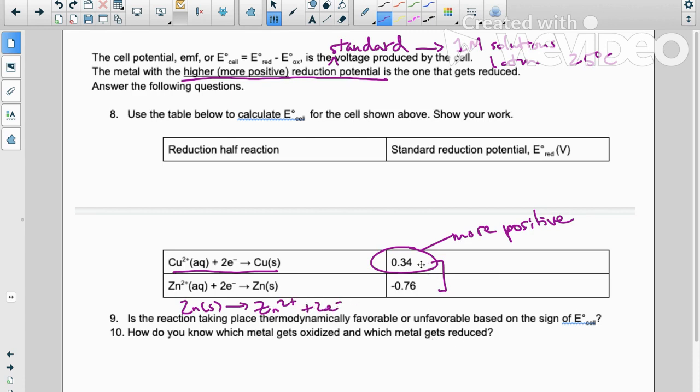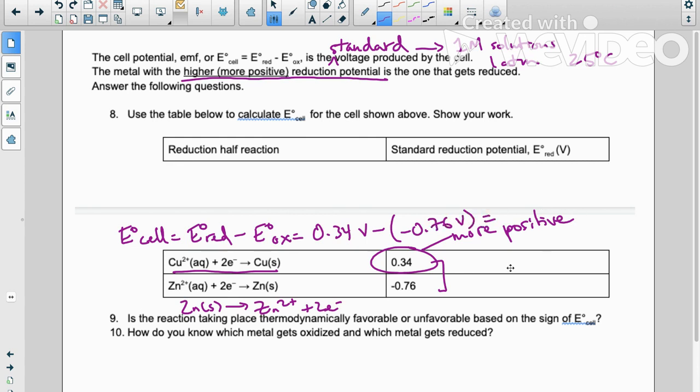So what we do to calculate our E cell, I'll put it up here. E cell is equal to the reduction minus the oxidation. So our reduction potential is 0.34 volts, minus the oxidation, which is minus 0.76 volts.